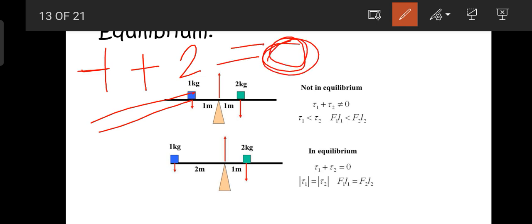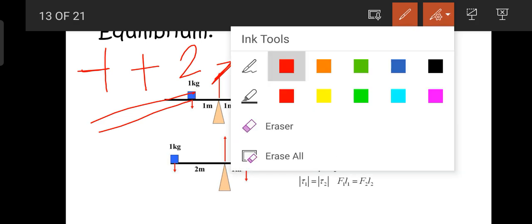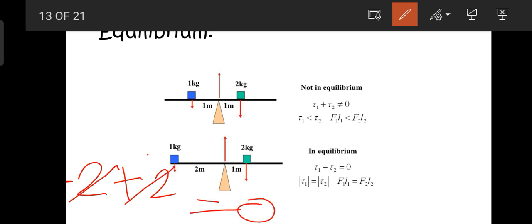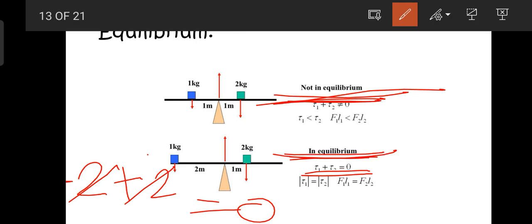We have studied that the net resultant should be 0, but in this case it is not. In case 2 it is minus 2 and plus 2, so minus plus cancelled, 0. So in this case, not in equilibrium, not in equilibrium, in equilibrium.